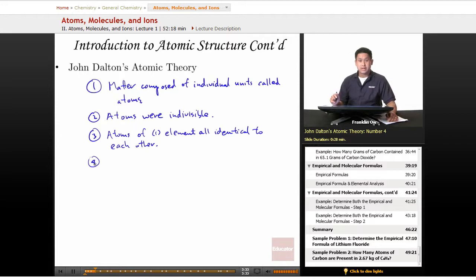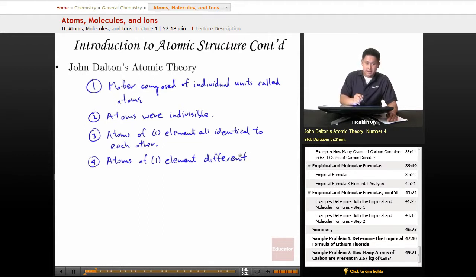Number four, atoms of one element are going to be different than atoms of another element. So that's what we reference as chemical identity, right? Atoms of one element are different than atoms of another element.